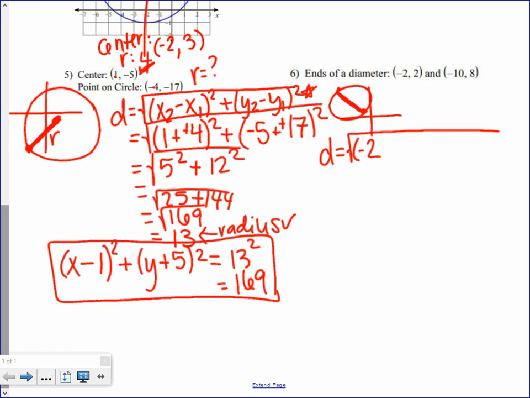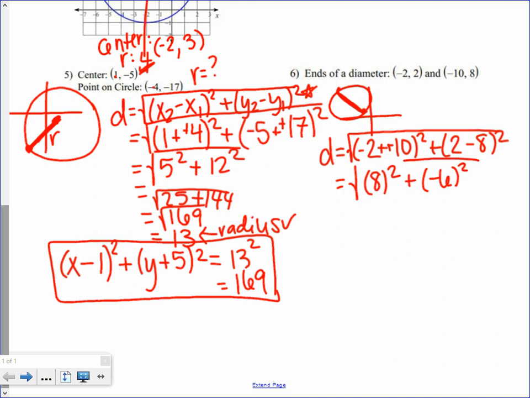So -2 minus -10 squared plus 2 minus 8 squared. So I have 8 squared plus -6 squared, which is 64 plus 36, which is 100. So the square root of 100 is 10.